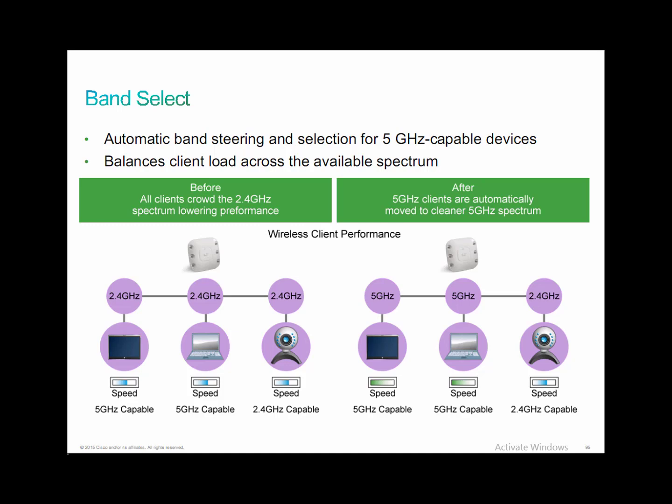The controller can actually identify it and mark the client as dual band capable. So when sending the probe response back to the client, it will send it on the 5 gigahertz radio immediately and then delay the response on the 2.4 gigahertz radio. Obviously, the goal here is to encourage the client passively to join the 5 gigahertz radio because it didn't get an option yet to pick the 2.4 gigahertz radio.